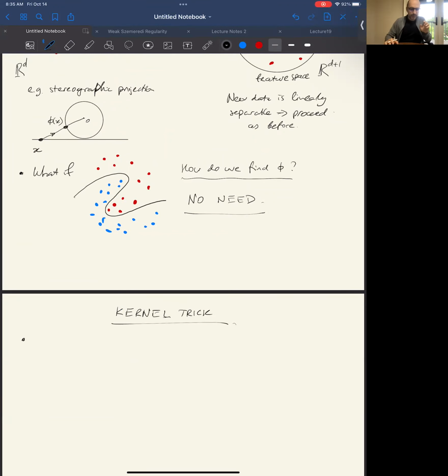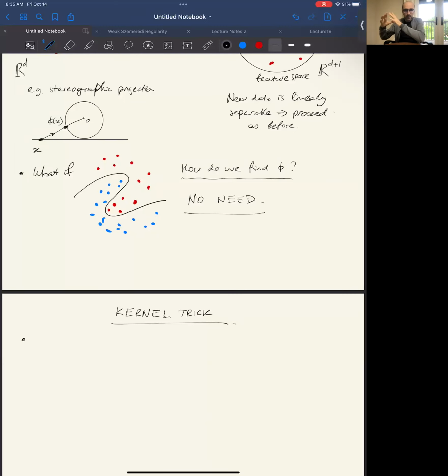The big idea is this: rewrite all this algorithm that you have in terms of the inner products between the data, xi, xj. Suppose you can do that. So you replace inner products. Then suppose there is some nice embedding somewhere which we do not know.